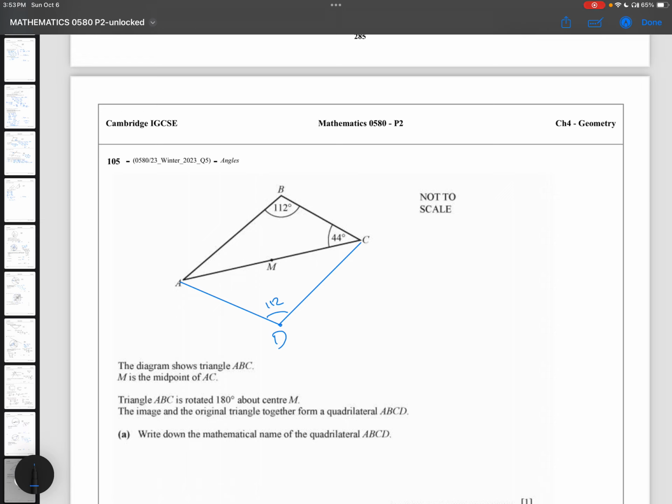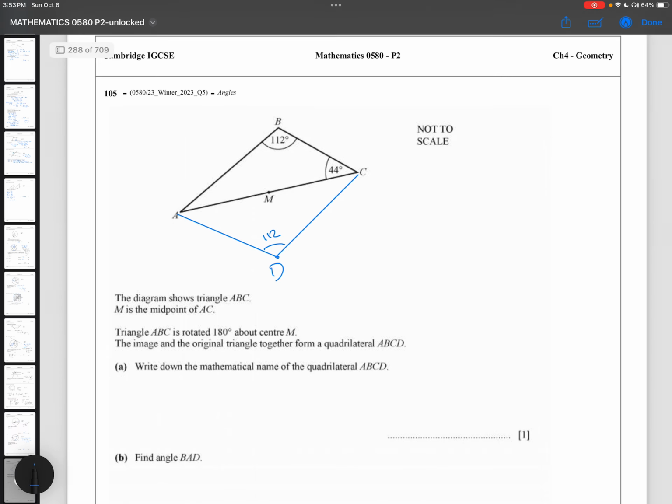So in this quadrilateral the opposite angles are equal. This will also be equal to 44 when we rotate the figure.